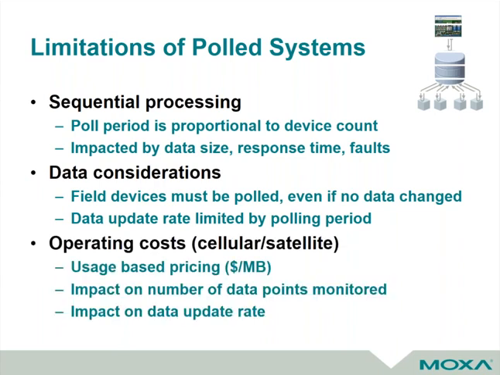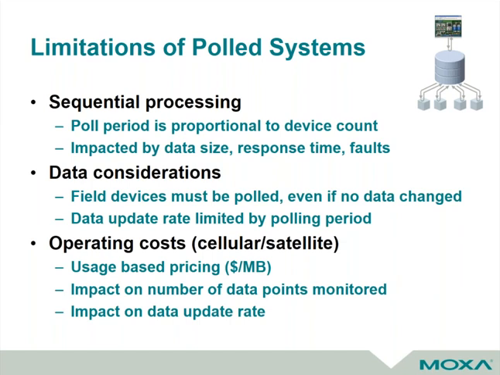So you've got to think about those types of things. And of course, the rate at which you can update data depends upon how much data you're polling. Some of you probably have a pretty good understanding of this: if you are using cellular connections, wide area networks, or even satellite connections, most of these have a usage-based model. So you're going to pay some amount based upon the amount of in-transit data.